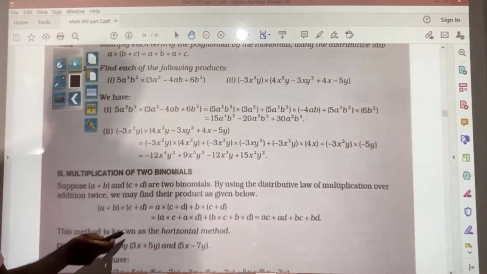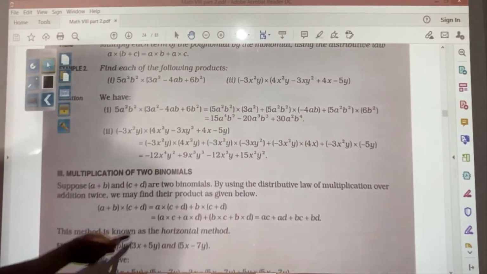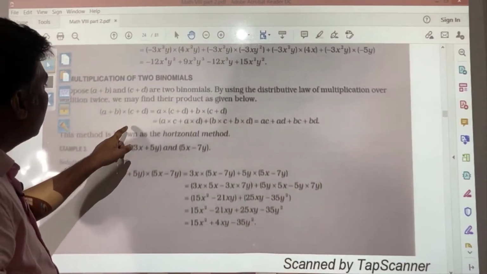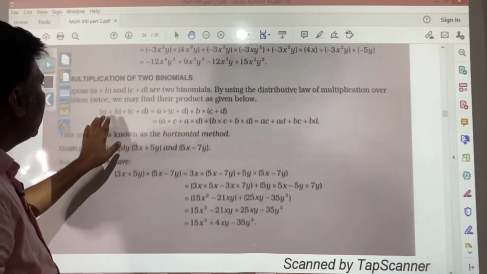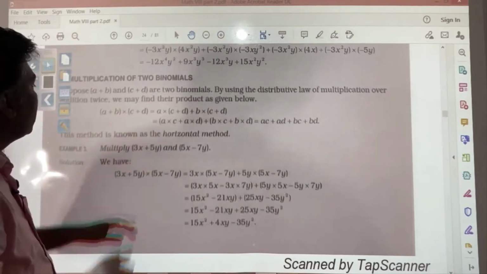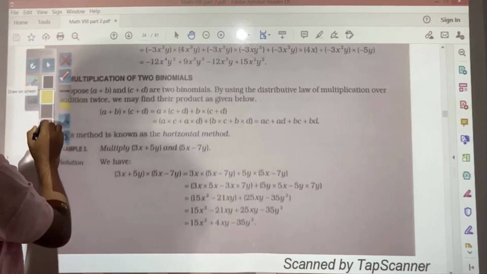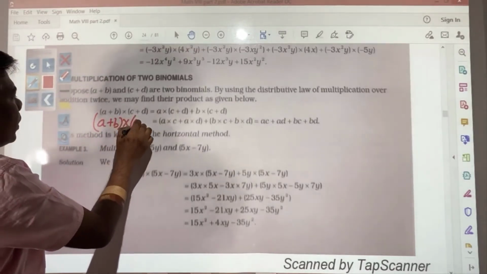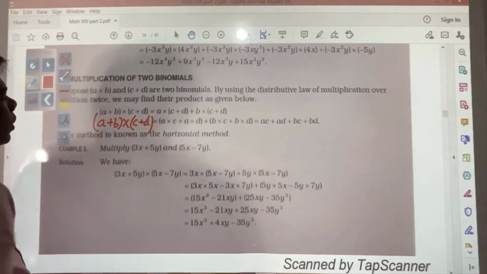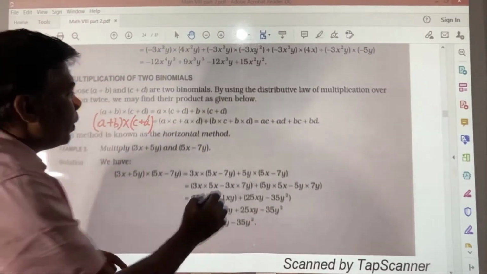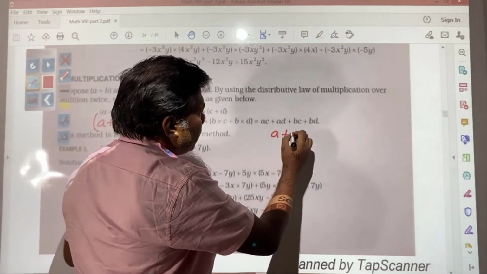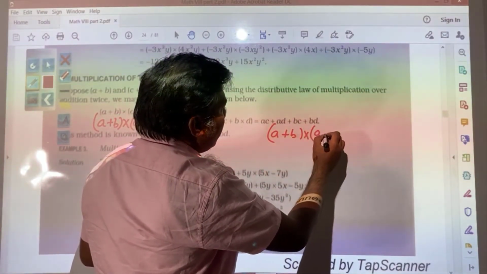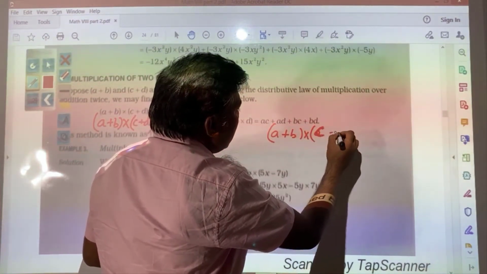Next you have multiplication of two binomials. Suppose if two binomials are there, a plus b into c plus d. Two binomials you have, a plus b into c plus d.